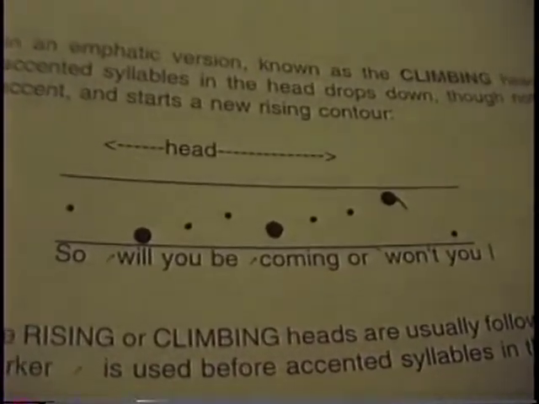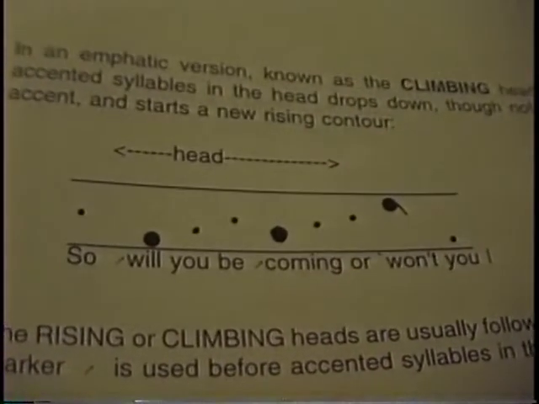for the rising position. So if I read you the example there, so will you be coming or won't you? That's it. So you can see that that's slightly different from the simple rising head.